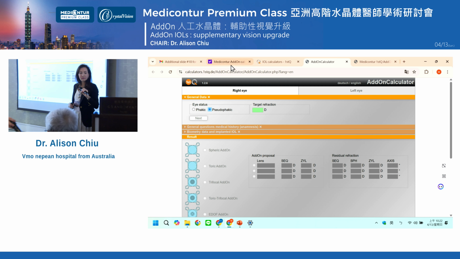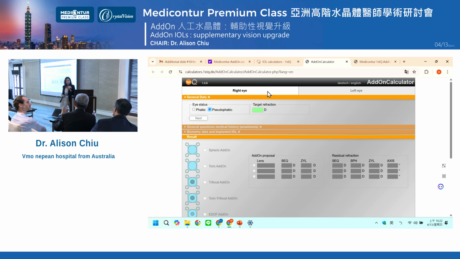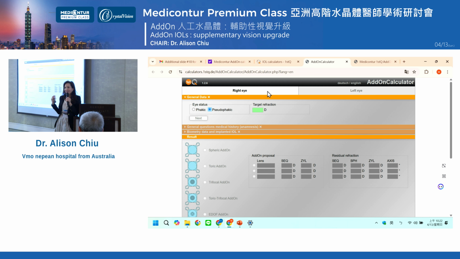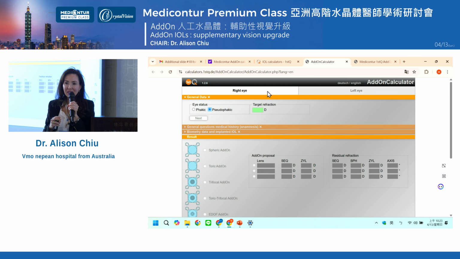Last question. Just maybe a comment about the technique. So when we put in these add-on lenses, we routinely constrict the pupil at the end of the surgery. Yes, I do too, actually. We had a shortage of Miochol in Australia. I don't know if you did too. So one of the cases that I recorded, you didn't see the pupil constricting because I put Miostat in.